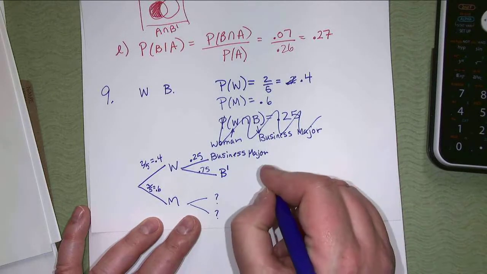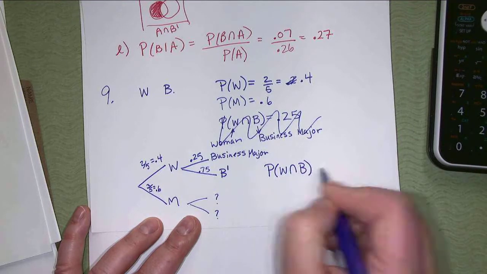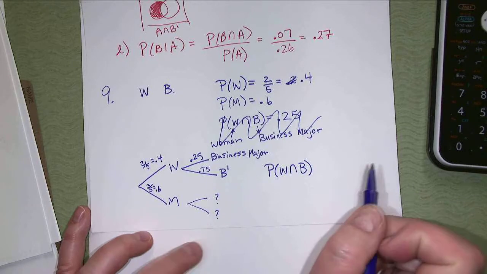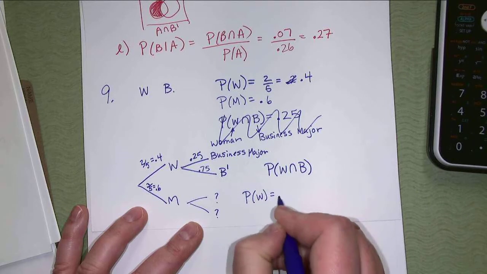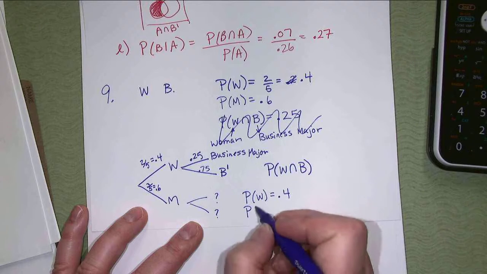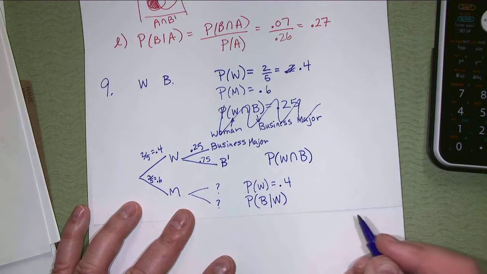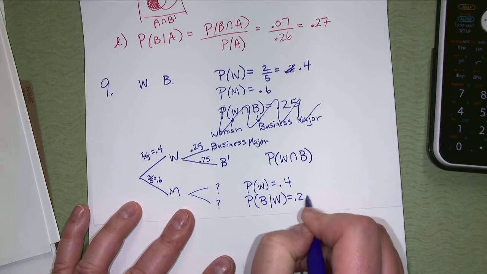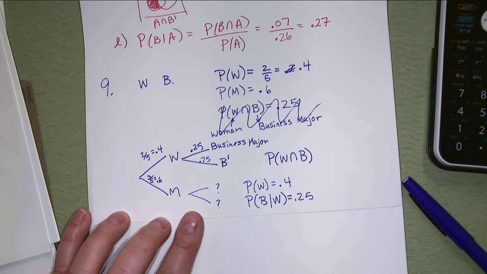And then it's asking for the probability of being a woman and a business major. So what we know is, we know the probability of a woman is 0.4, and we know the probability that, given that you're a woman, the probability that you're a business major is 25%. So how can we find this? It's kind of the formula backwards. We have the formula and it has 3 pieces, and we're given 2 and asked to find the other.